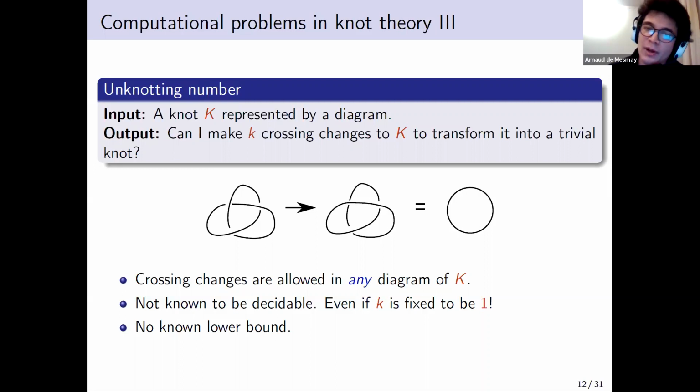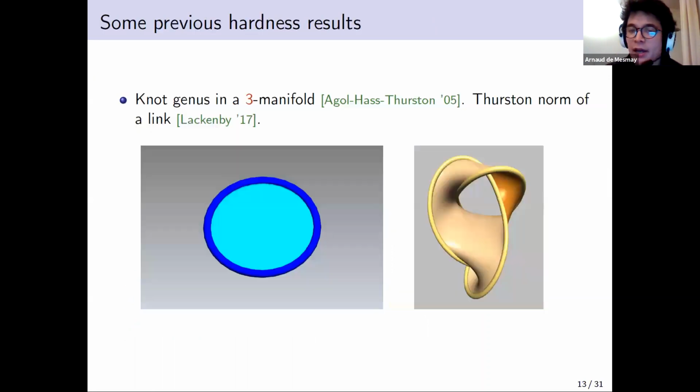lower bounds for problems in knot theory and try to help improve our understanding of these kinds of problems. There are some results that were known prior to our work. The mother of these results comes from a paper of Agol, Hass, and Thurston, who perhaps were the first to study lower bounds for problems in knot theory. They proved that the genus of a knot is NP-hard to compute in a 3-manifold.